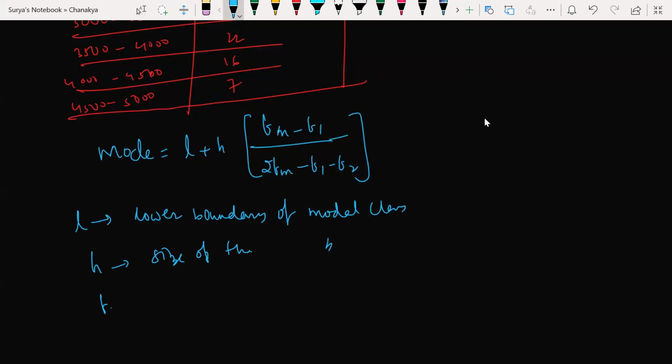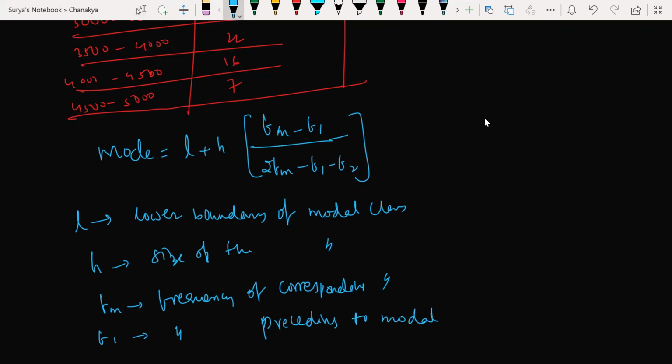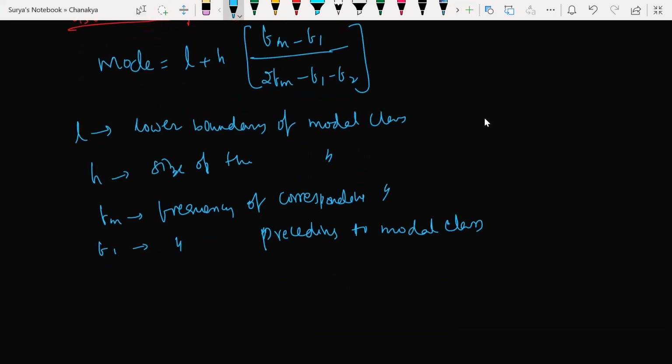What is Fm? Frequency of the corresponding modal class. F1 is the frequency preceding the modal class. Preceding means the before one; succeeding is the after one. F2 is the frequency succeeding the modal class.